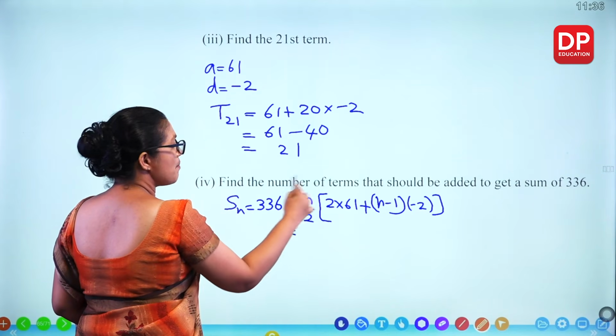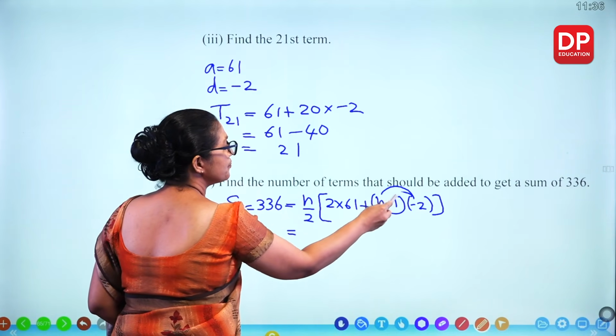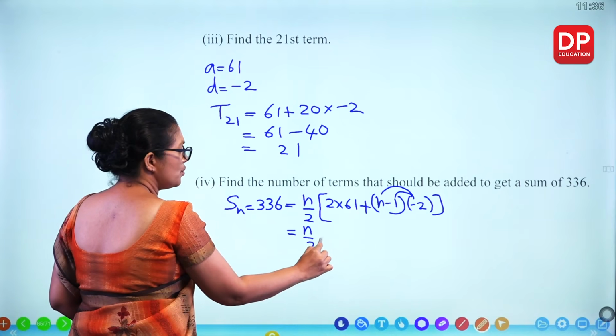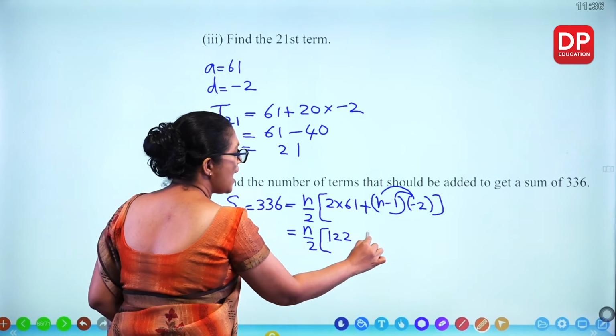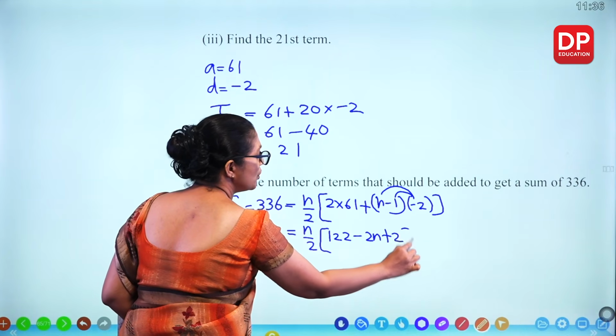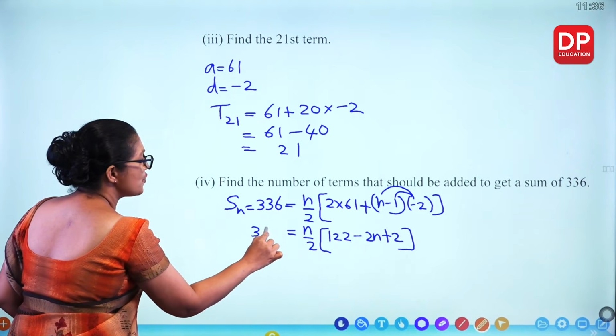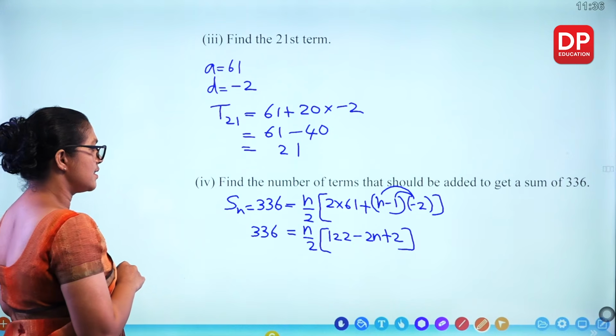Then multiply these two, n over 2, you get 122 minus 2n plus 2 is equal to 336.